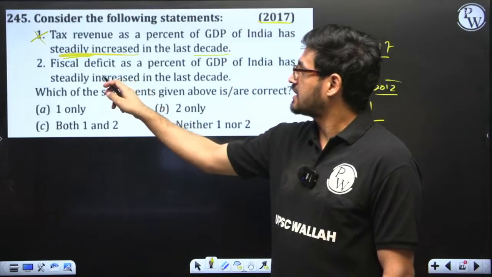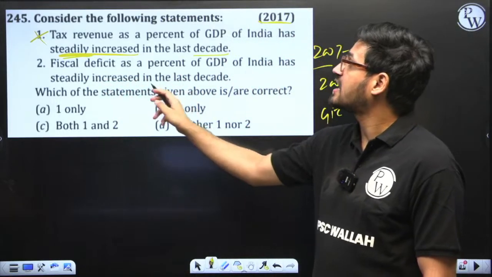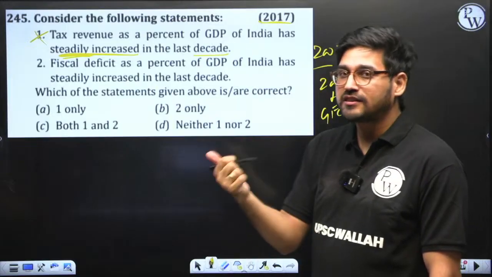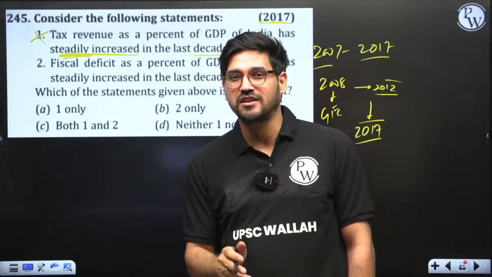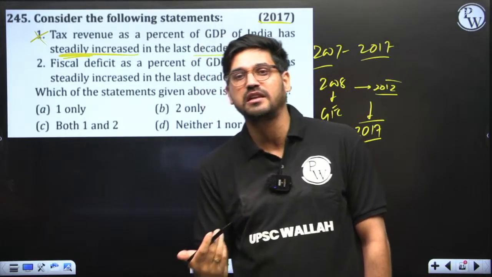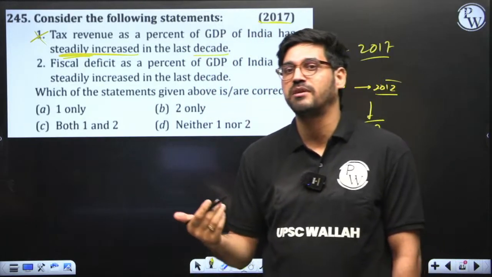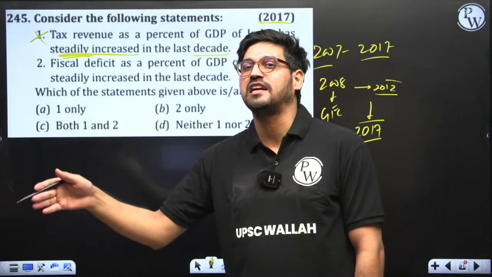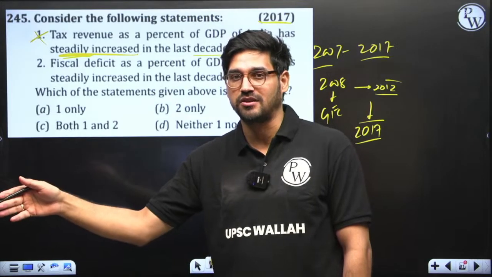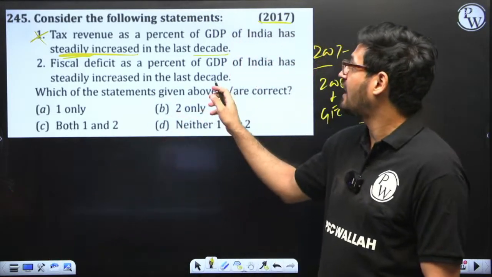Second one says fiscal deficit as a percentage of GDP has steadily increased in the last decade. Now, even if you don't know the trend lines or the numbers, you should know that around fiscal deficit, we have this legislation called the FRBM, Fiscal Responsibility and Budgetary Management Act, which seeks to reduce the fiscal deficit on a year-on-year basis. So how can that have steadily increased?